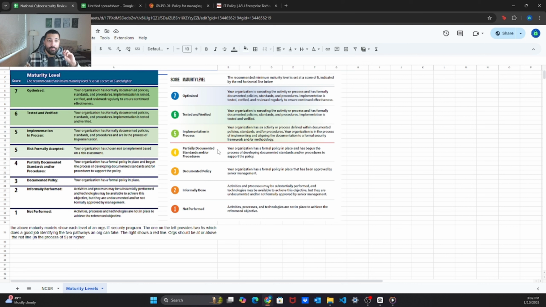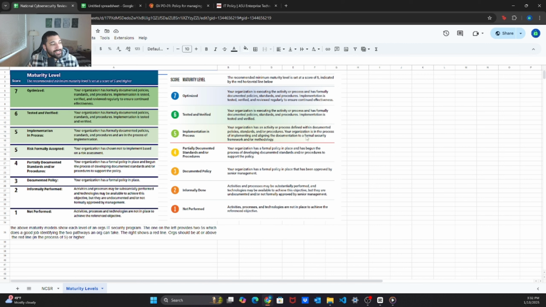Now, this is a really important piece for the project to know. To know and understand 5, okay? And what is above and what is below. So what 5 says is your organization has an activity or process defined within documented policy standards and or procedures.